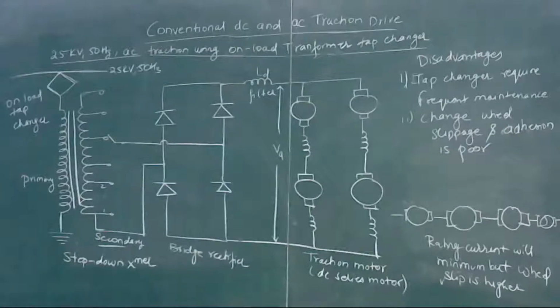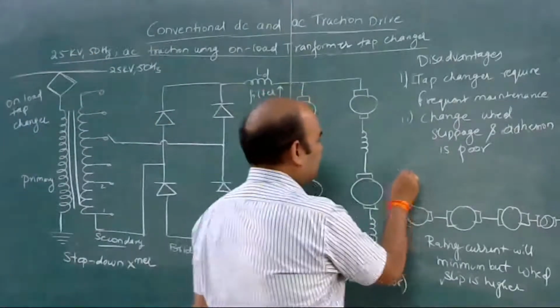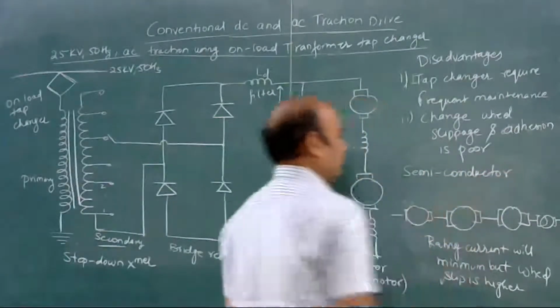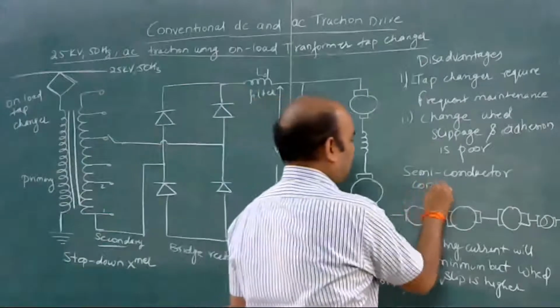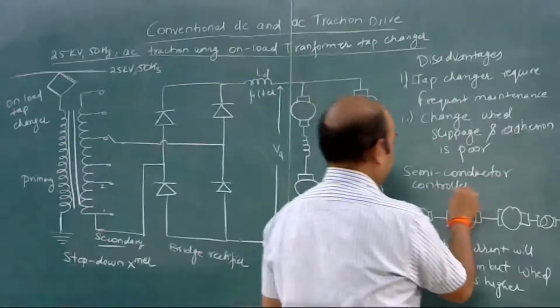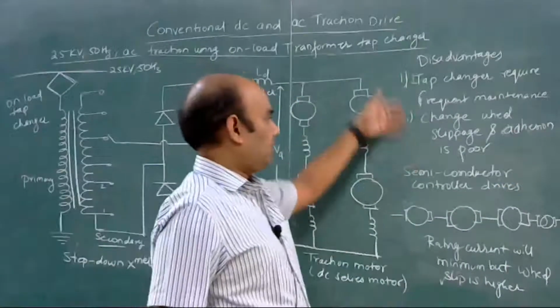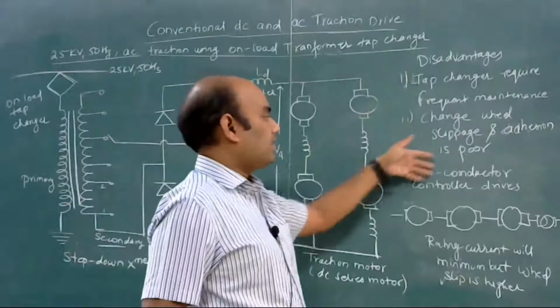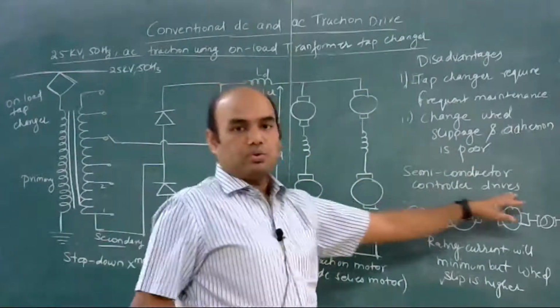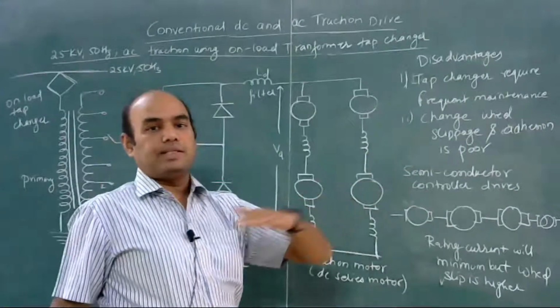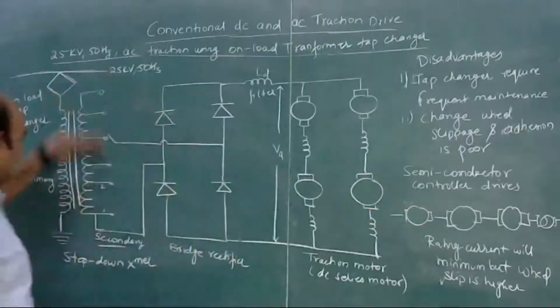Okay, so we can go for smooth control. For smooth control, we basically use a semiconductor controlled traction drive. All these disadvantages can be mitigated by using these semi-controlled drives. In semi-controlled drives, there will be smooth control of the speed, and there will be no tap changers.